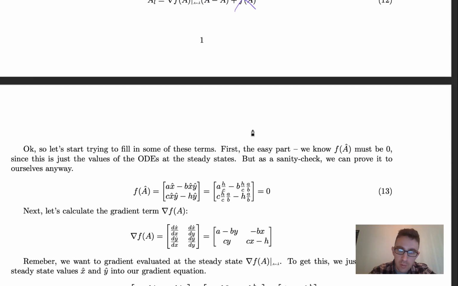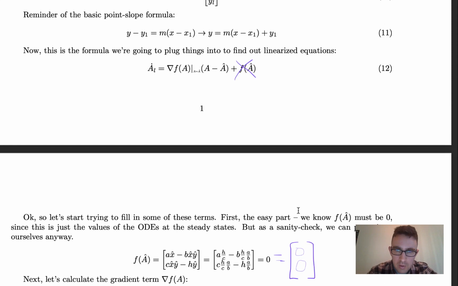But just so you remember, you may be doing this for another point where this is not equal to zero. If you choose an equilibrium point, it will be equal to zero. But if you choose a non-equilibrium point, this might be equal to something else. So you may need to pay attention if you're solving around a non-equilibrium point.